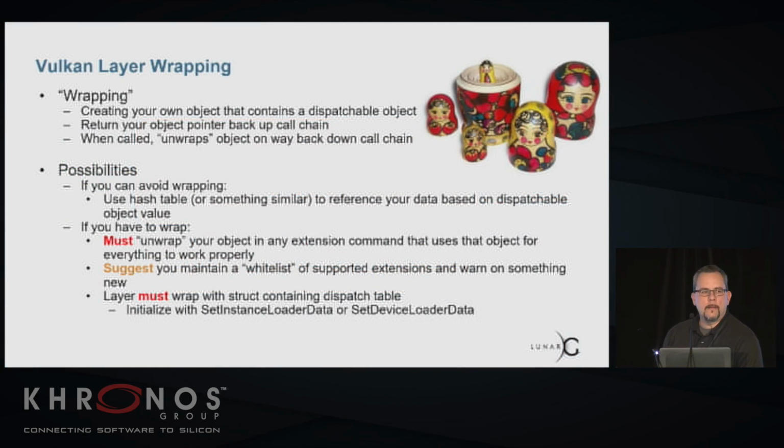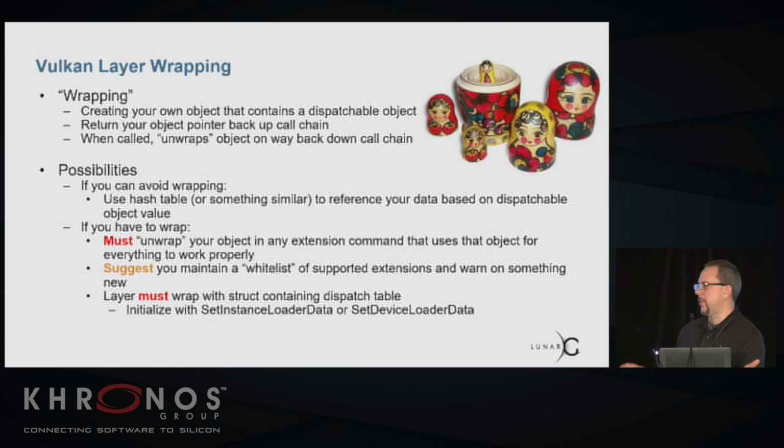One warning that we have, if you do define a layer, is this idea of wrapping. And the idea of wrapping is if during create device, let's say, on the way down you pass the create device, on the way back up you say, hey, I have my own object data that I want to track with a device. So instead of returning the lower down created device, you pass back your own object. That can cause problems.